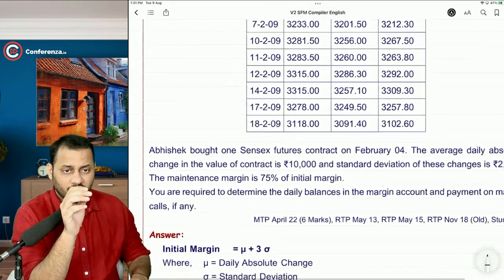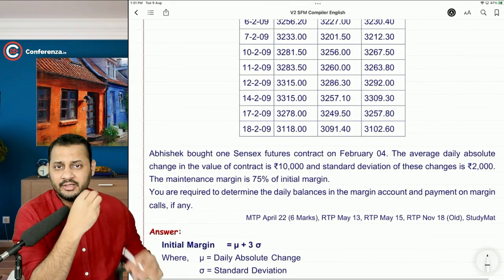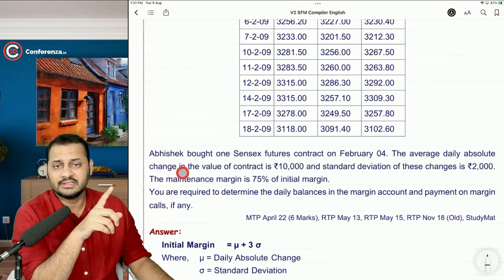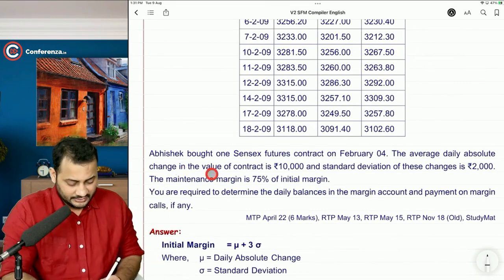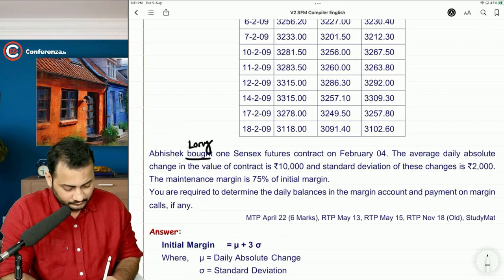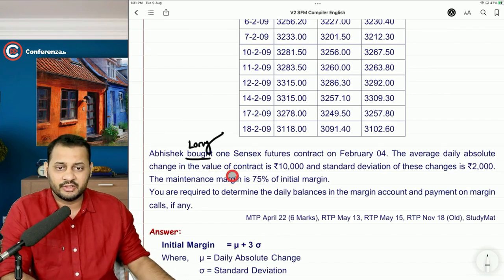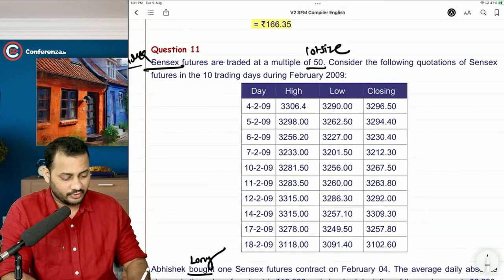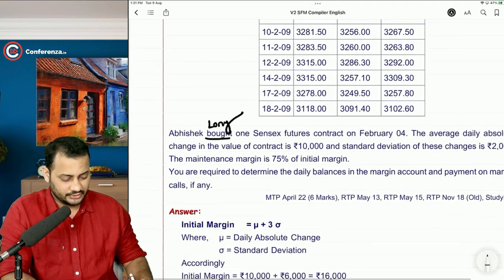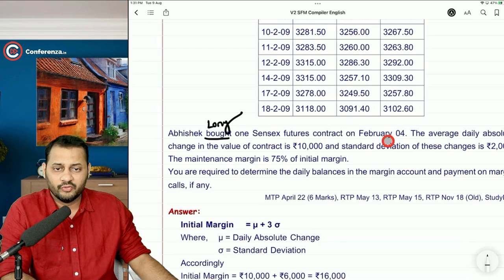Now, let's talk about a trader who is going to trade in this Sensex futures. Abhishek is his name. Bought means he is long on one Sensex futures contract. It's a contract. That means he has bought 50 Sensex futures on February 04.